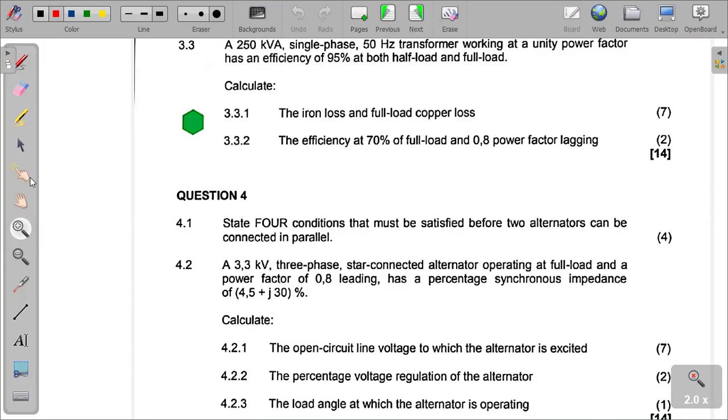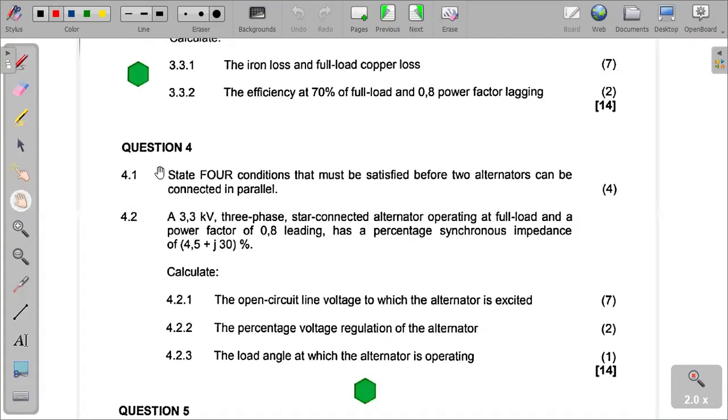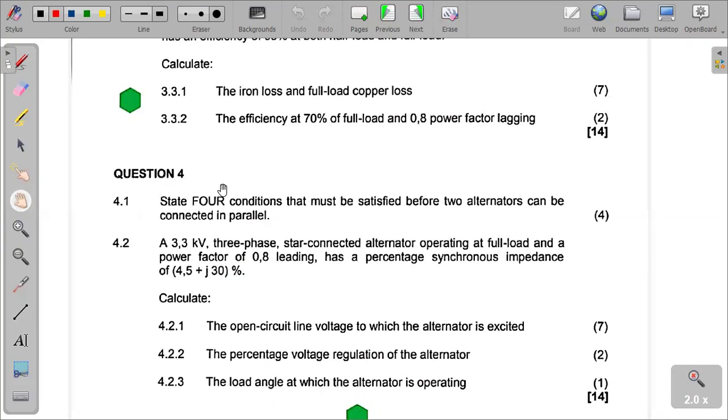Number 1, their EMFs must be the same. Secondly, their EMFs must have the same frequency. And also their EMFs must be in phase. And also their EMFs must have the same angular displacement. These are the conditions that must be satisfied before 2 alternators can be connected in parallel.